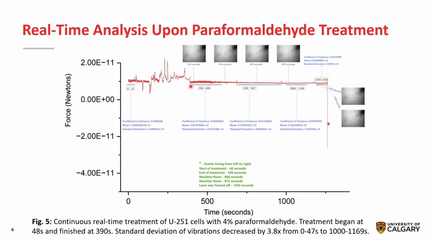However, following treatment at 390 seconds, the vibrations return back to their normal levels. Interestingly though, our research showed us that these vibrations taper off in intensity over time, and by the end of the treatment, the standard deviation of the vibrations from their mean levels is reduced by 3.8 times from the initial levels, which statistically proves to us that paraformaldehyde reduces the intensity and amplitude of cell vibrations with time.